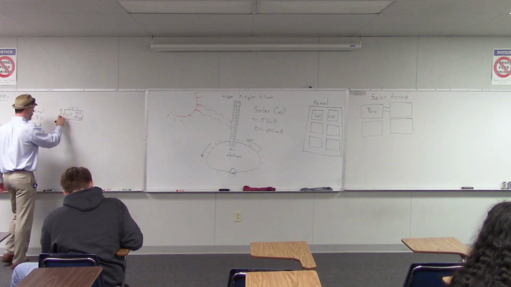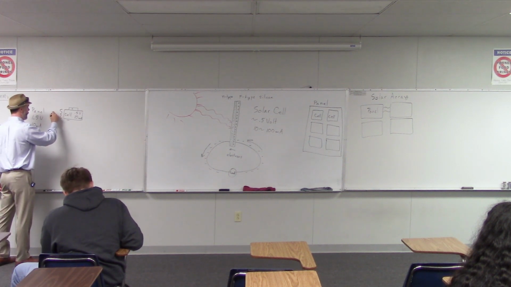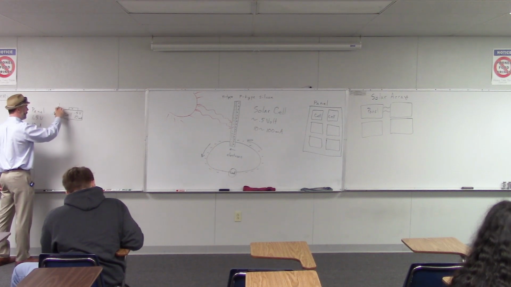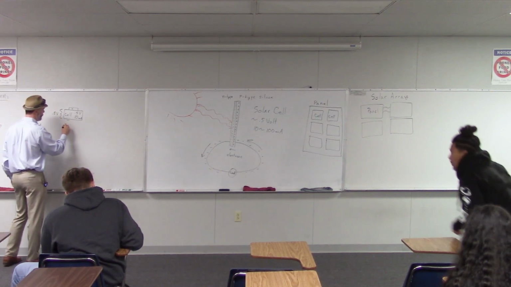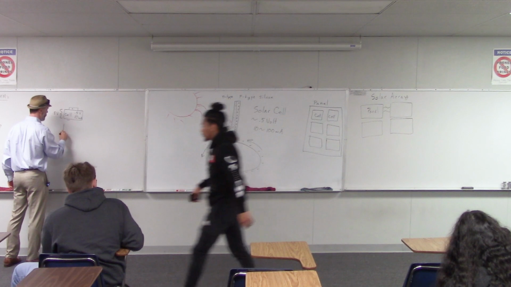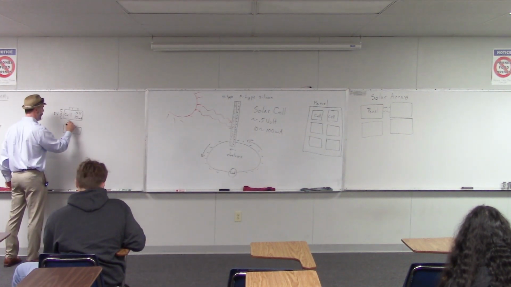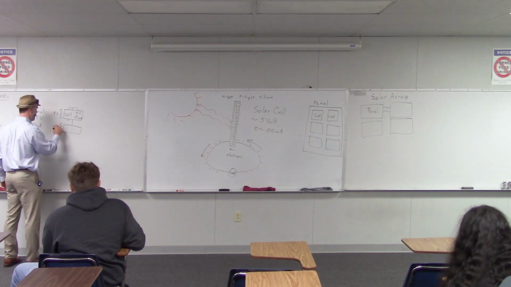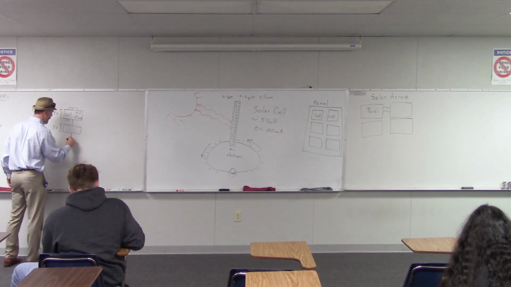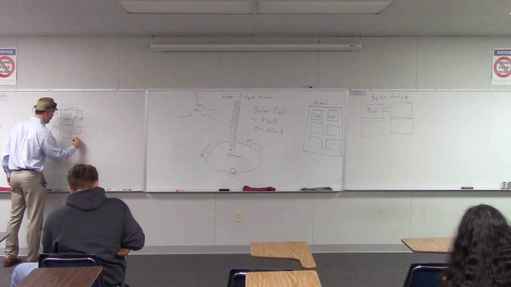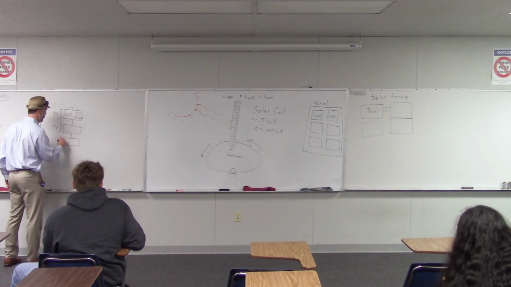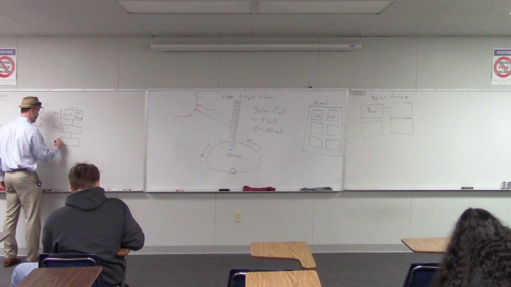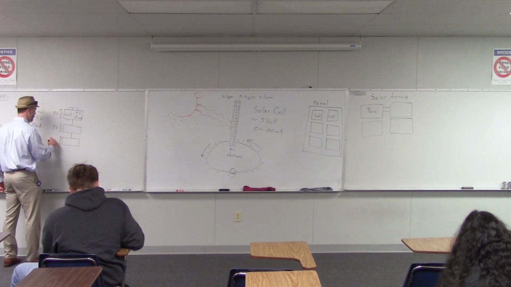The reason that works is because we've got a half a volt difference across each cell, and if we wire them in series like this, then we've got half a volt stacked on top of half a volt, stacked on top of half a volt, which gives us 1.5 volts altogether.